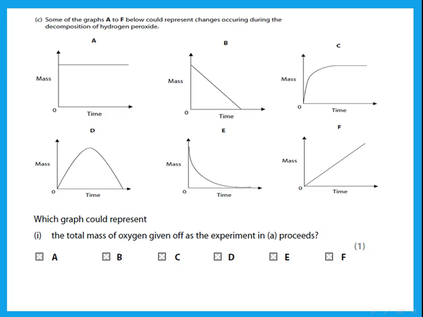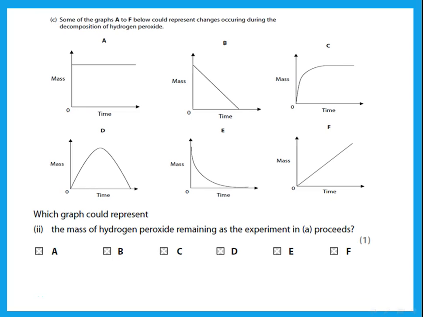Which graph indicates that? Of course, graph C. Can you see that it's graph C? If I plot the points that he showed in the table, I would get graph C.